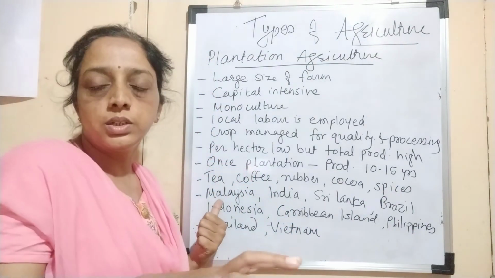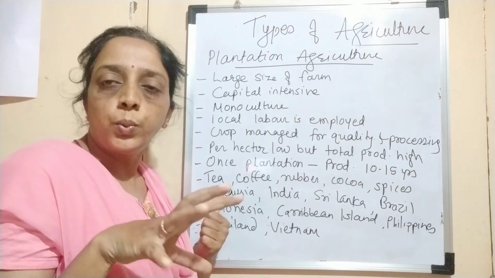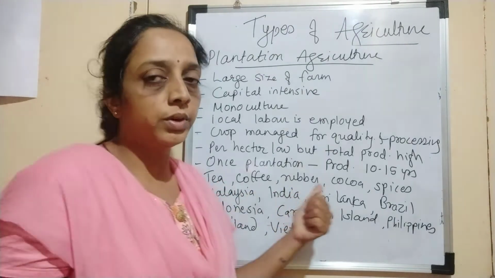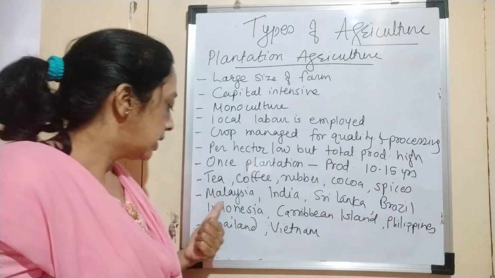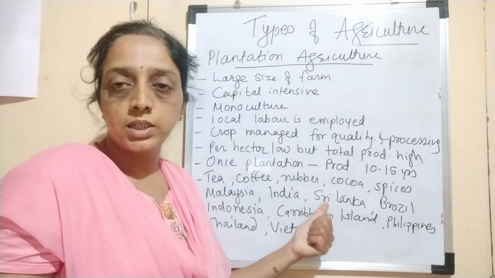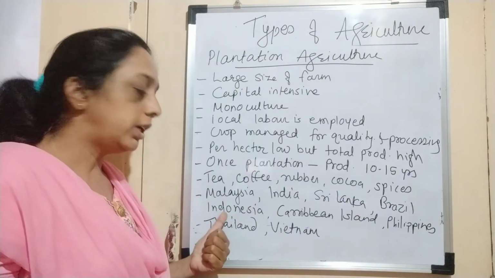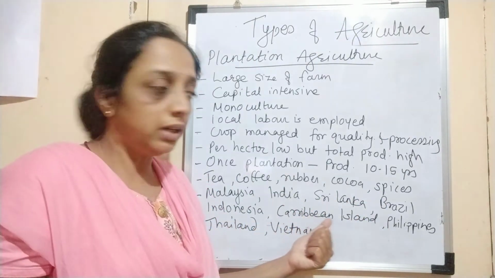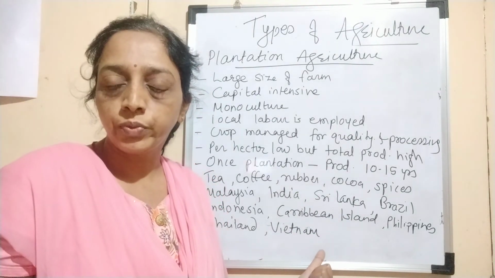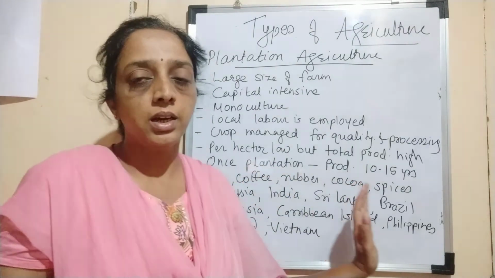Now, the regions all over the world where tea, coffee, rubber, cocoa and spices are taken are Malaysia, India, Sri Lanka, Brazil, Indonesia, Caribbean islands, Philippines, Thailand and Vietnam.